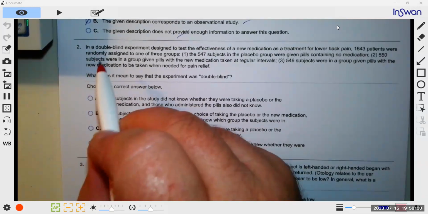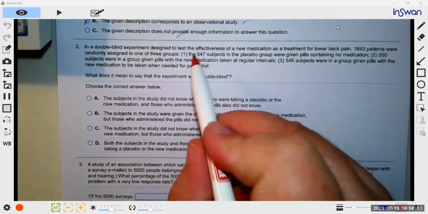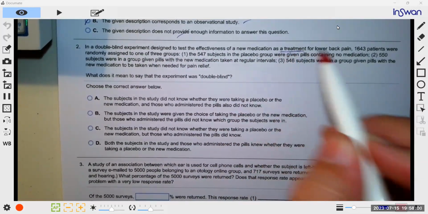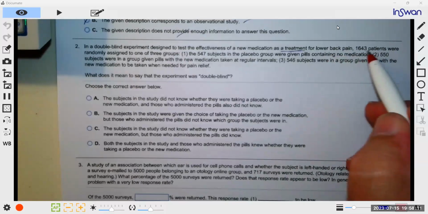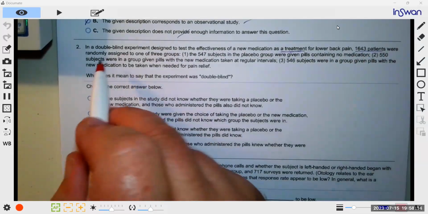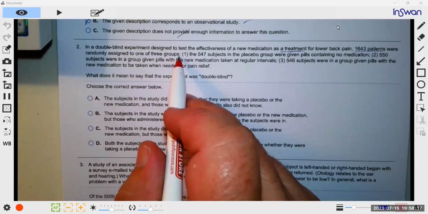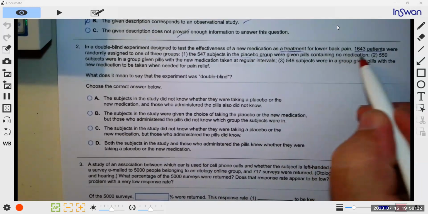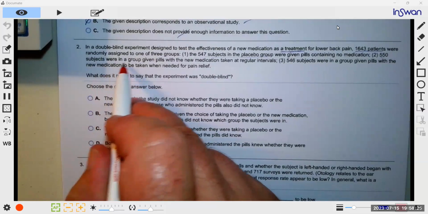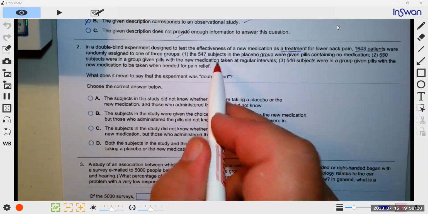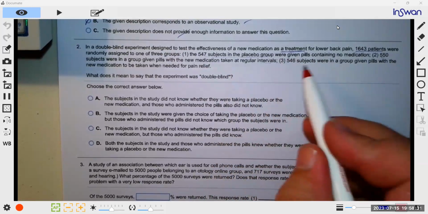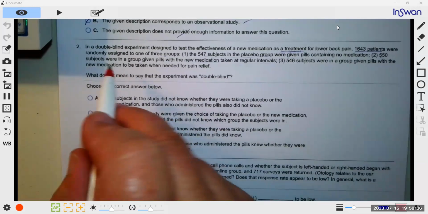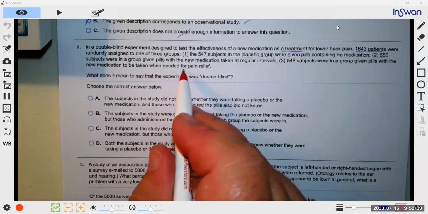Number 2, in a double-blind experiment designed to test the effectiveness of a new medication as a treatment for lower back pain, so it's an experiment because you have a treatment. 1,643 patients were randomly assigned to one of three groups. 574 were the placebo group, given sugar pills. 550 were given pills with the new medication at regular intervals, and 546 subjects were in a group given pills with the new medication, but taken when needed for pain relief.